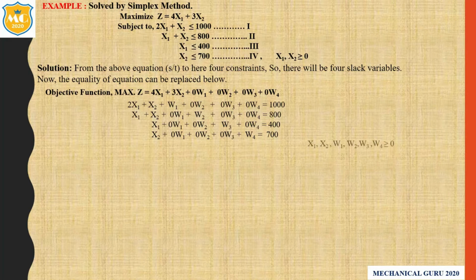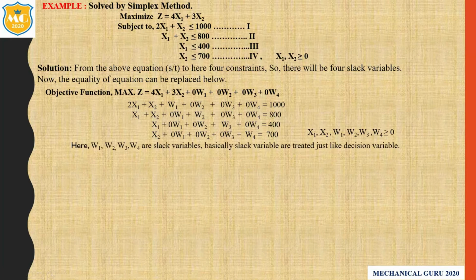So here all the variables, that is the basic variables w1, w2, w3, w4 and the decision variables x1, x2, are greater than or equal to 0. The basic variables represent the variables for finding the solution to fulfill the objective function.